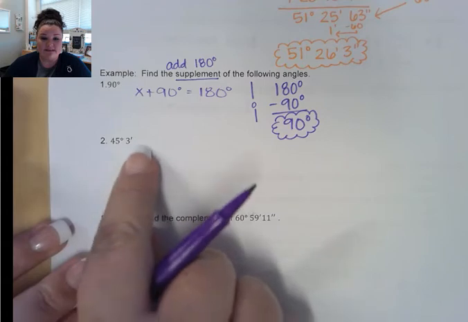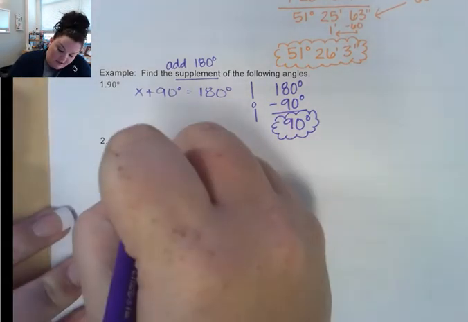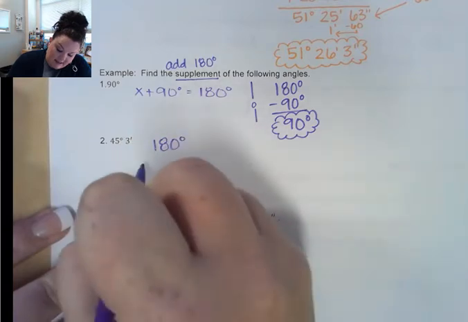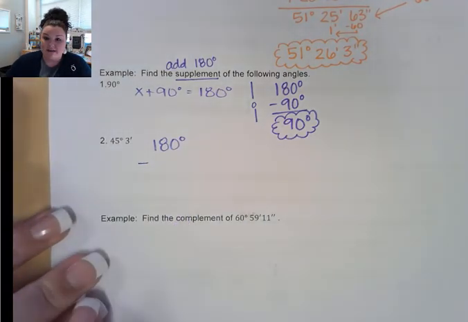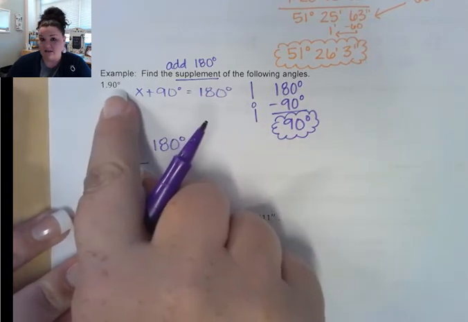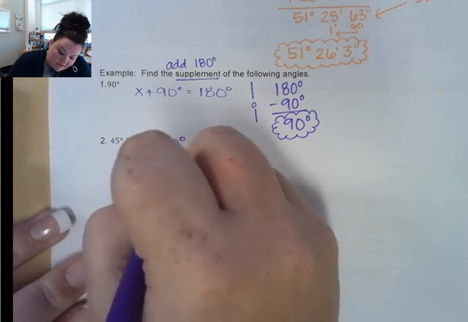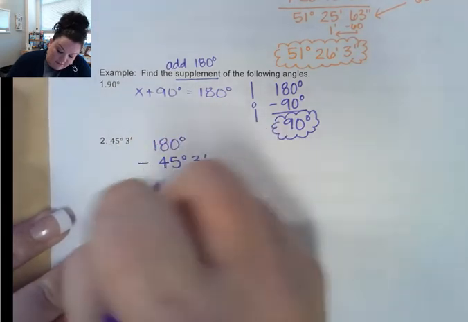If we want to find the supplement of this, we're still going to take 180 degrees and subtract the angle that's given. Just like here we took 180 and we subtracted 90, right? Here we're going to take 180 and we're going to subtract 45 degrees, 3 minutes.